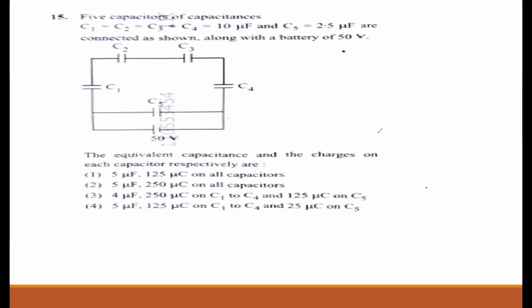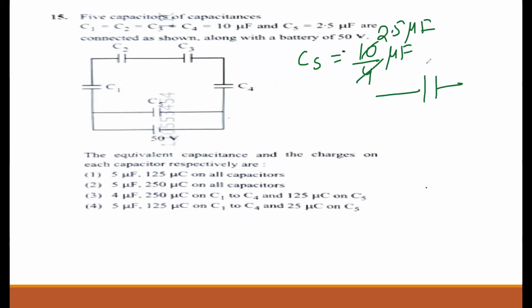So the equivalent series capacitance in this connection would be 10 by 4 microfarad. So that is 2.5 microfarad. So this 2.5 microfarad is connected in parallel to C5, which is again 2.5 microfarad as given.